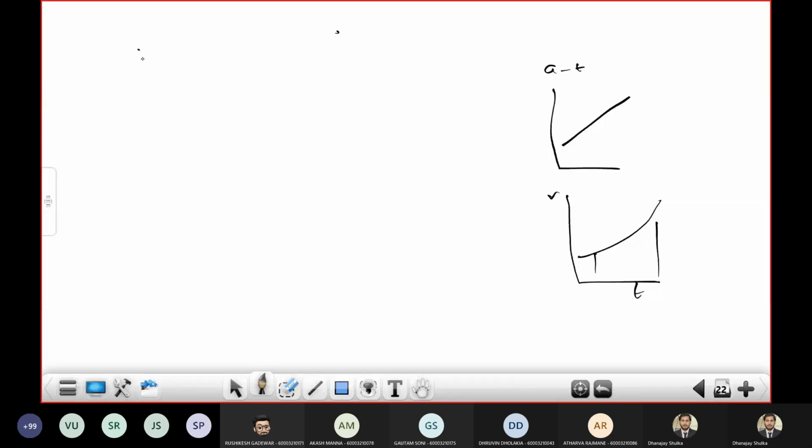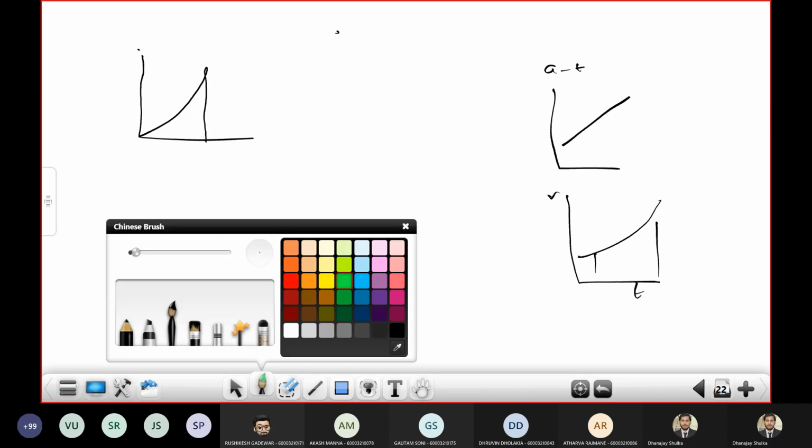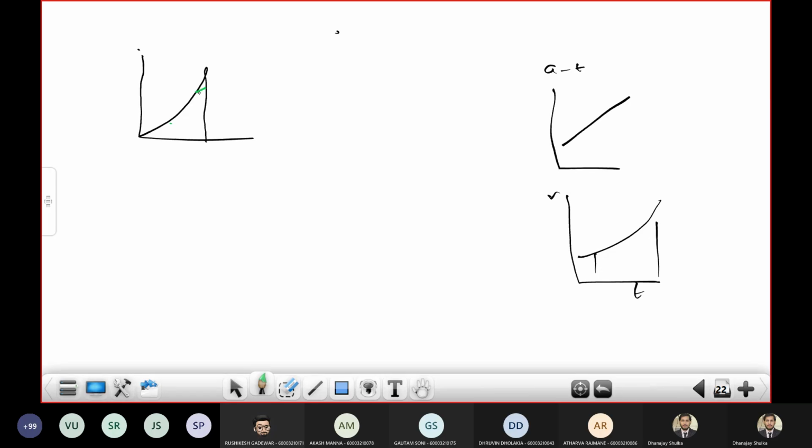So for that purpose, let's say I have this type of parabola. This is my shaded portion. I want to find the area under this curve. It is, let's say, the curve of a polynomial of degree n.